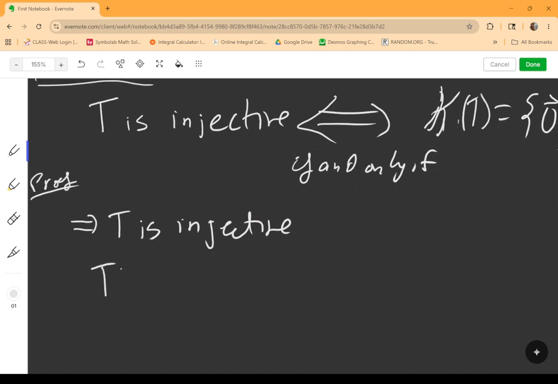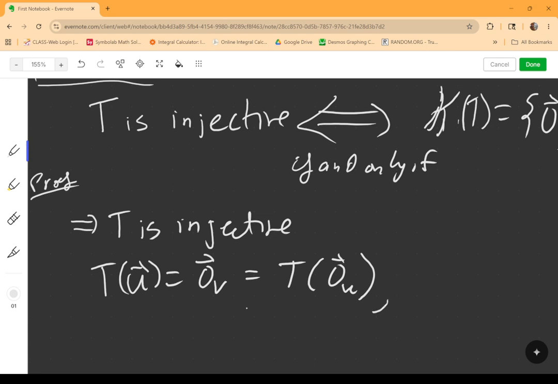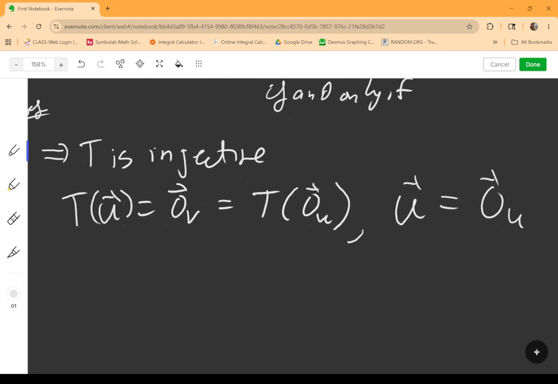So let's say there exists a vector u that maps to the 0 vector. But I also know that the 0 vector of U also maps onto the 0 vector of V. The fact that it's injective means that these vectors need to be equal to each other. So the vector u is actually the 0 vector of U. So the kernel of T can only contain the 0 vector.